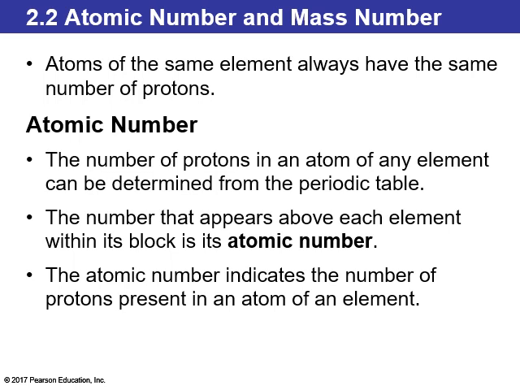Atomic number is the number of protons in an atom of any element, and that can be determined from the periodic table of the elements. There's a little block that represents each element, and above the element within the block is the atomic number. We'll point that out when we have an example in a future slide. So the atomic number indicates the number of protons present in the atom of an element.